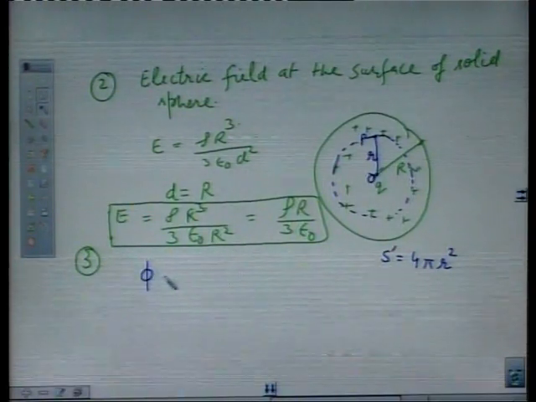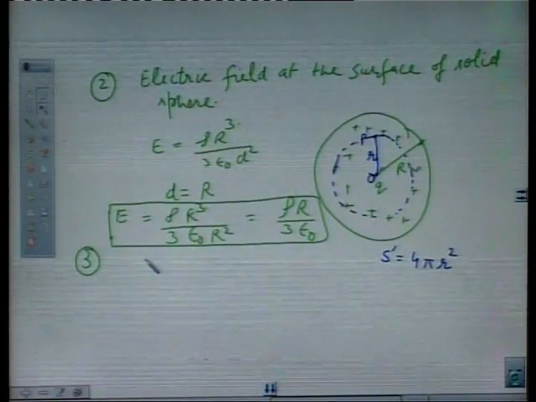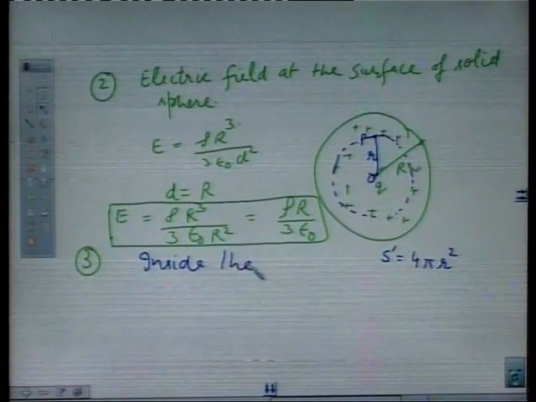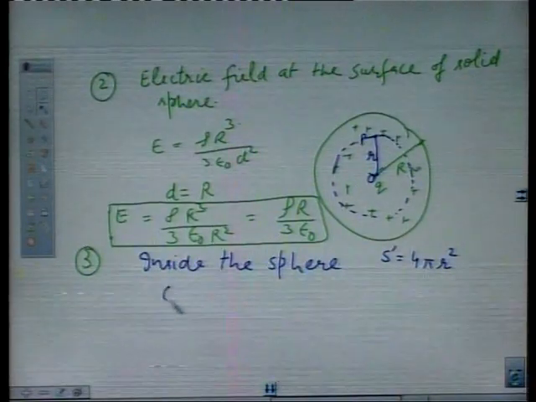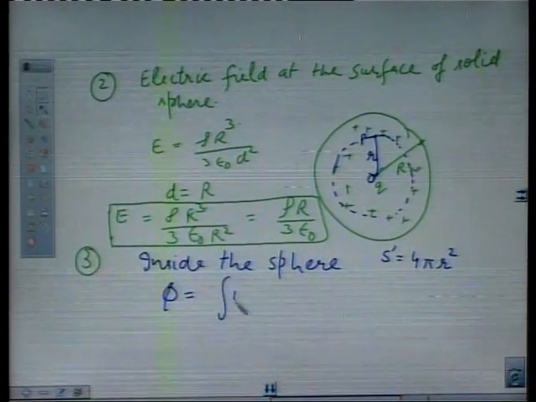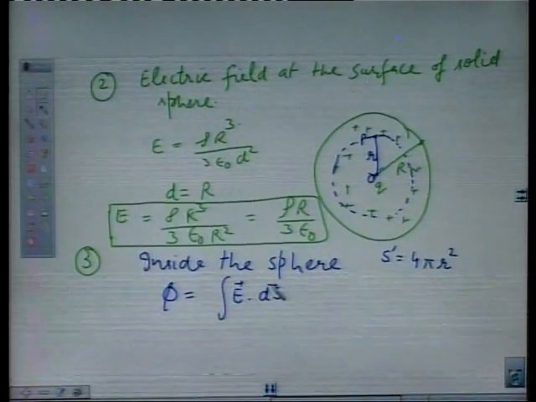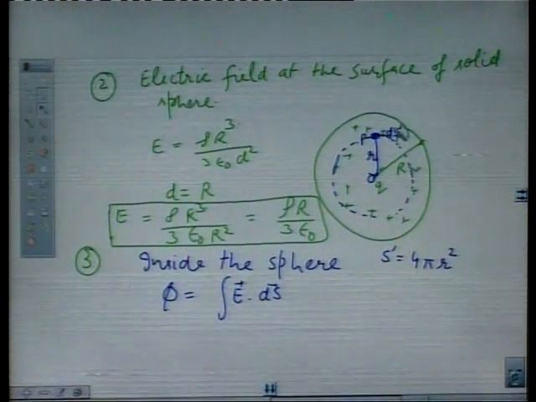Now inside the sphere, the flux phi is equal to E vector dot ds vector. At this surface we have taken a small surface area ds vector.